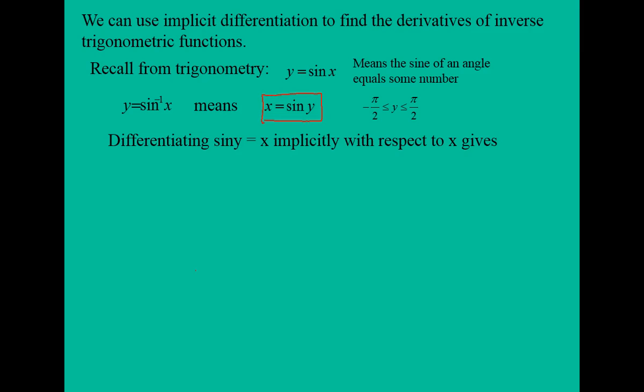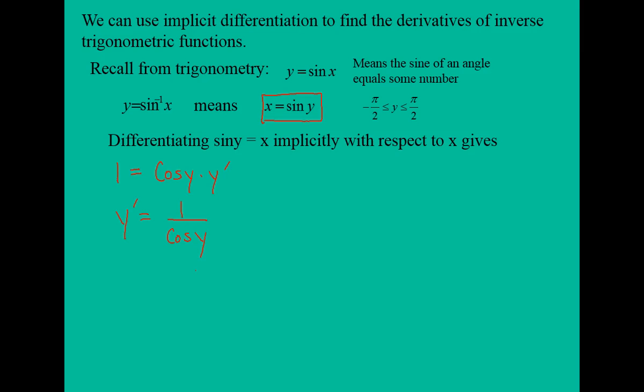So the derivative of x is 1. The derivative of sine of y would be cosine of y times y prime, because we're taking the derivative with respect to x. And then if we solve for y prime, we'd have 1 all over cosine of y.